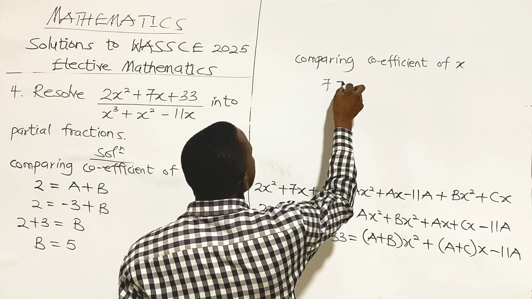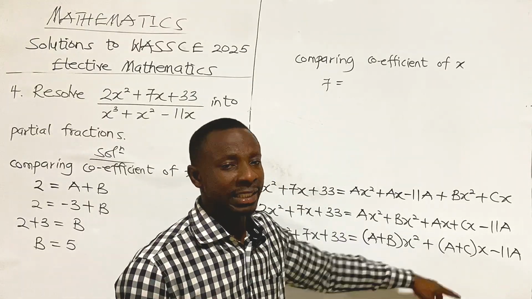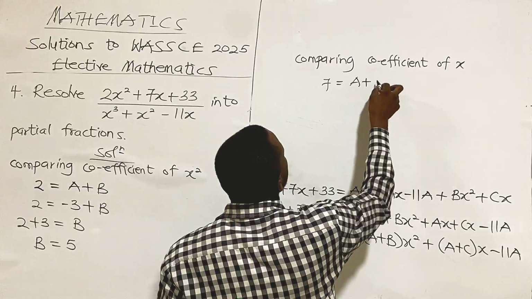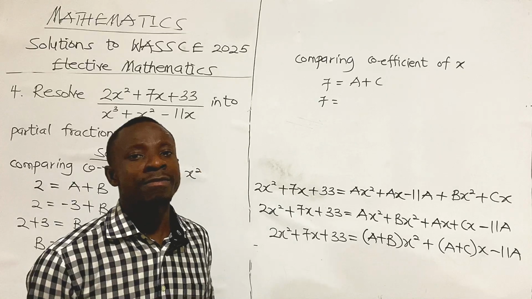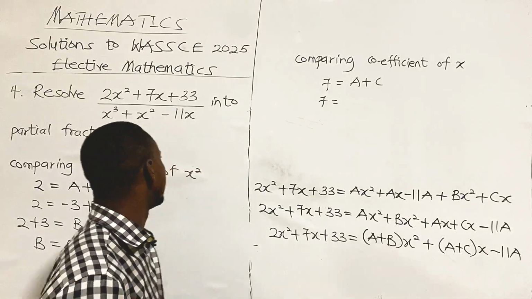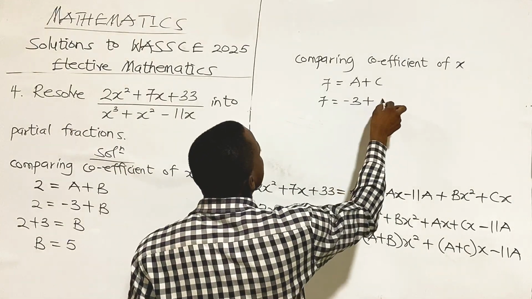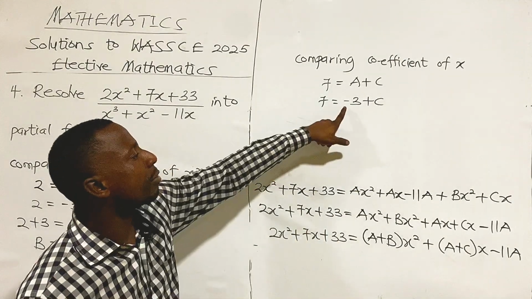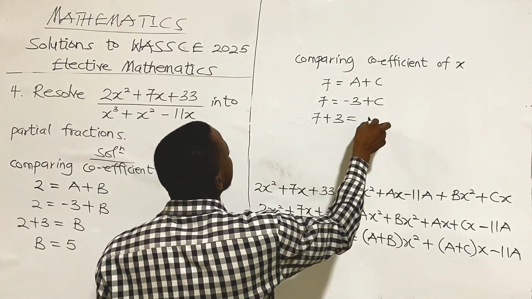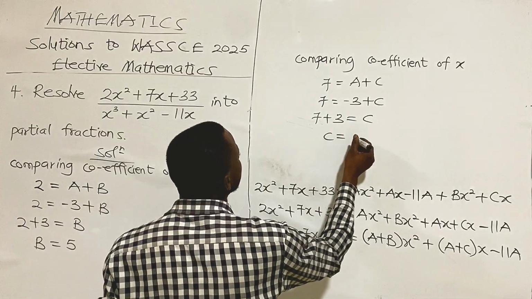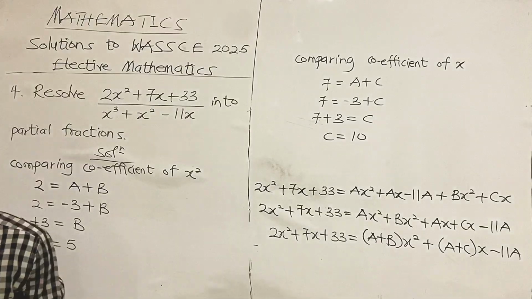So we have 7 is equal to, and the coefficient we have here is a plus c. But we had the value of A to be negative 3. So we have negative 3 plus C. And here we can bring the negative 3 to the other side. We are going to get 7 plus 3 is equal to C. Then C is equal to 10. So now we can conclude and get the final answer.